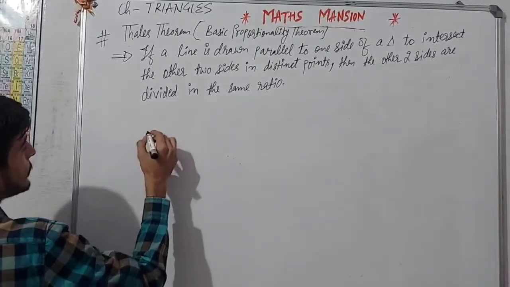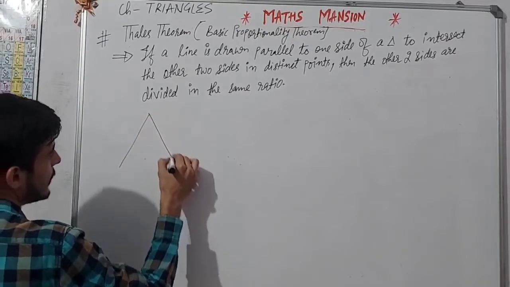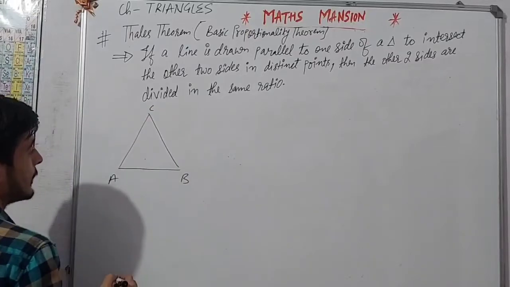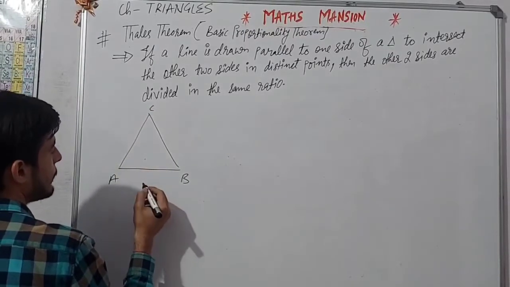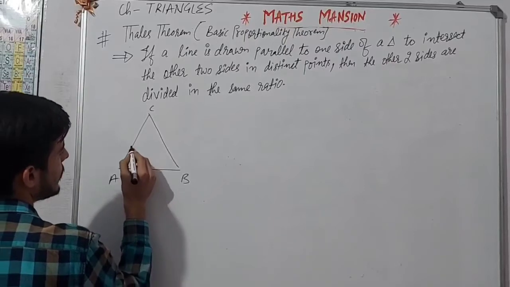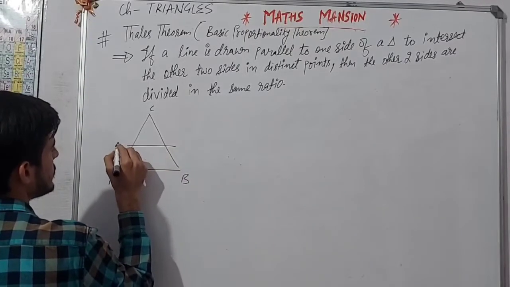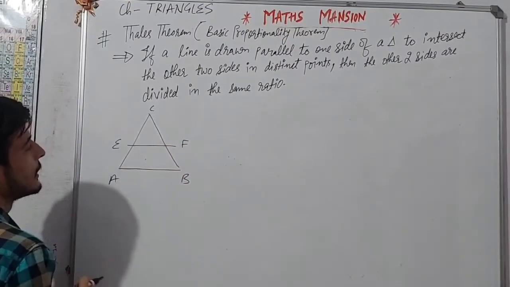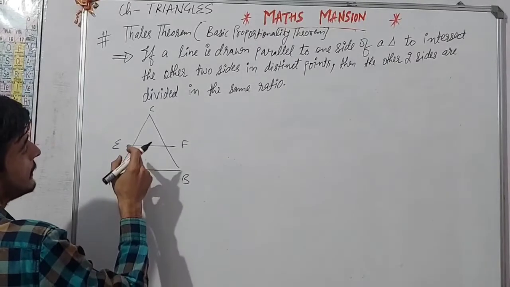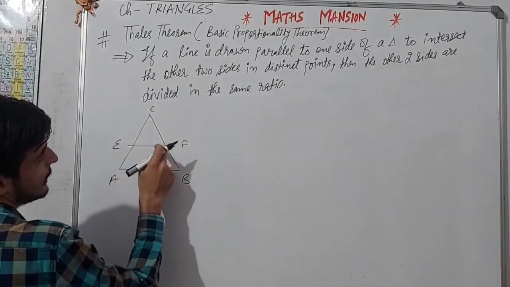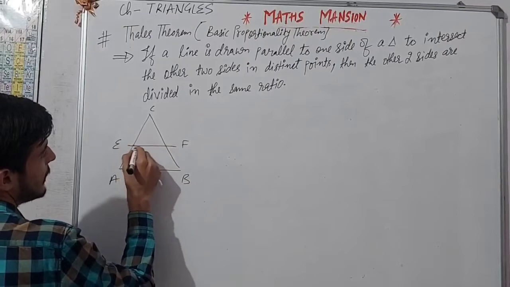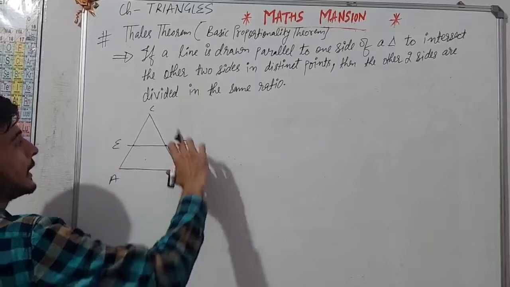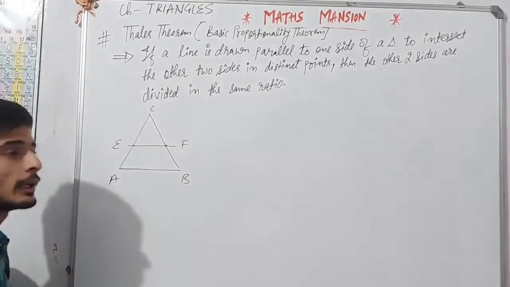Symbolically, if we have a triangle ABC, and I draw a line EF parallel to AB, intersecting the triangle at two distinct points E and F, then EF divides AC and BC in the same ratio.